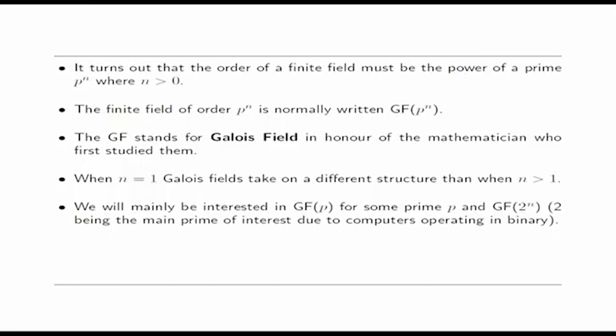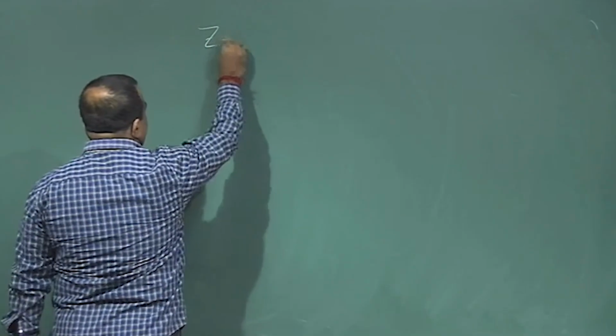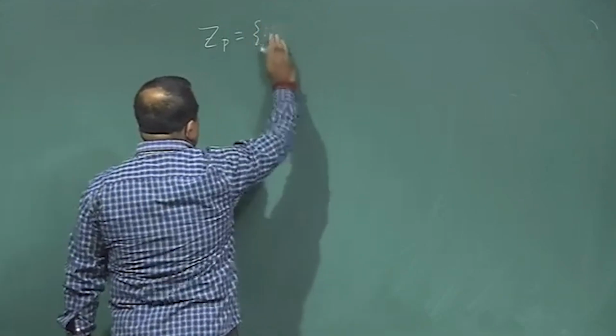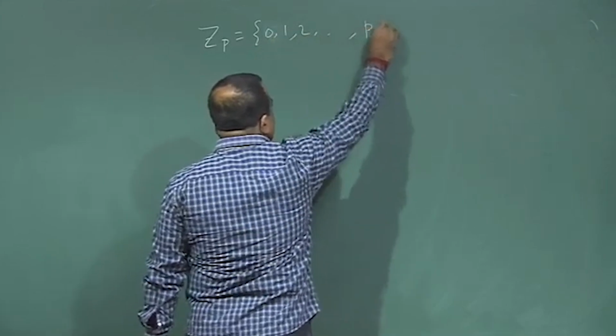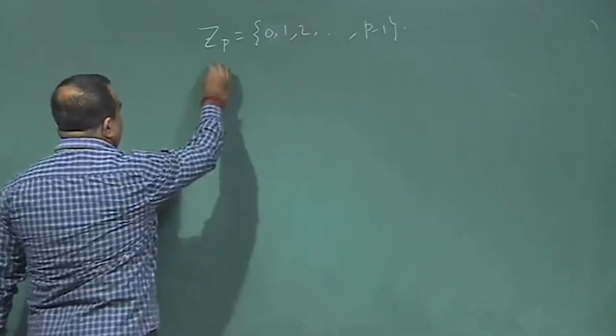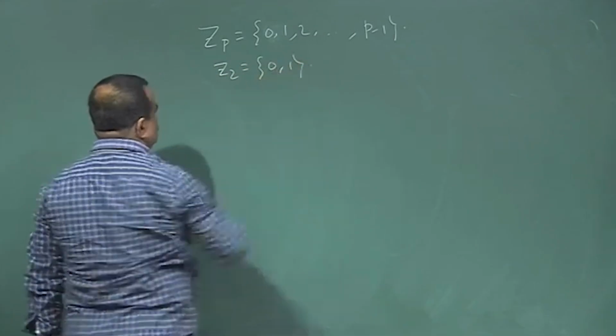We have seen the field Z_p. Now, we want to have a polynomial field. Z_p is basically 0, 1, 2, up to p minus 1. And Z_2 is basically just 0 and 1.